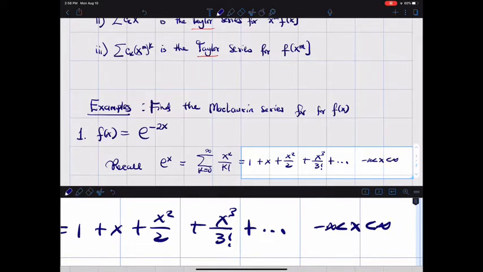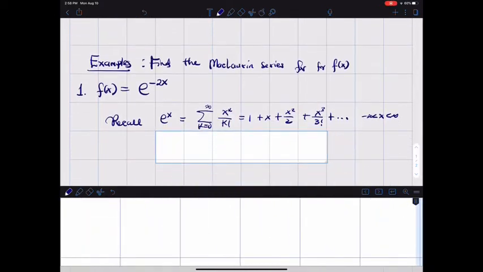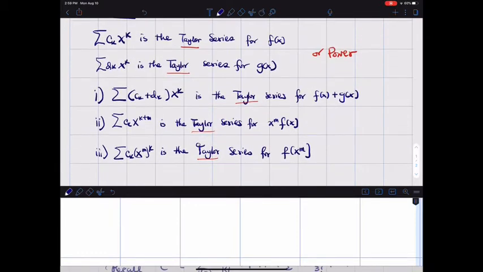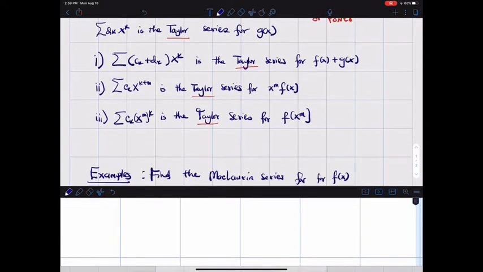We're just going to use part 3 of our theorem.